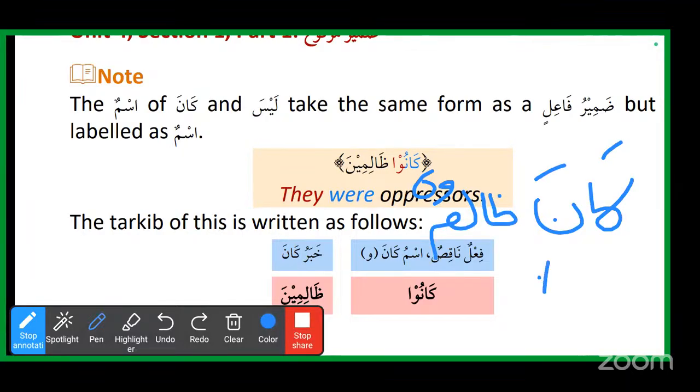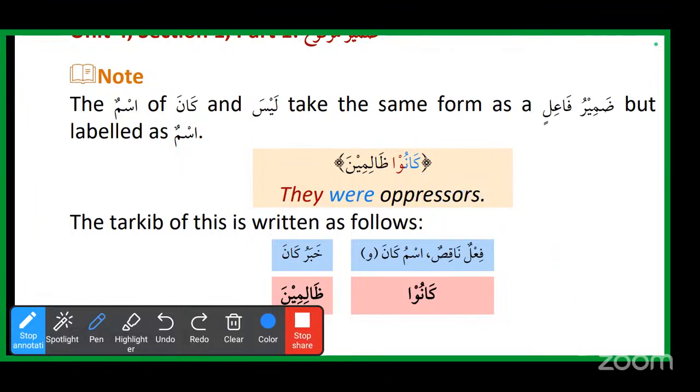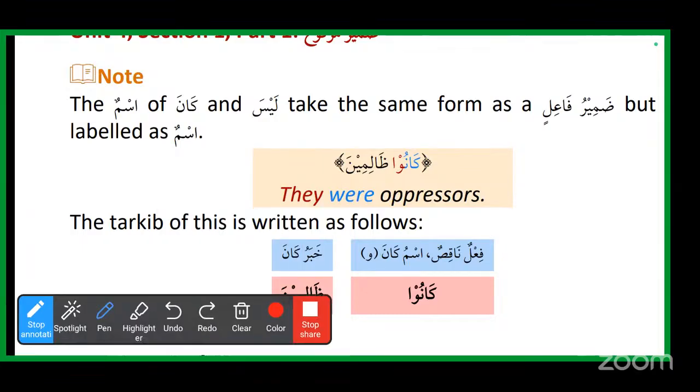So where did the he come from? The he came from the damir mustatir. When we say kana zalimun, it means kana huwa zalimun, or even huwa kana zalimun. Okay, it is easy to understand. Kana zalimun actually means kana huwa zalimun or huwa kana zalimun.